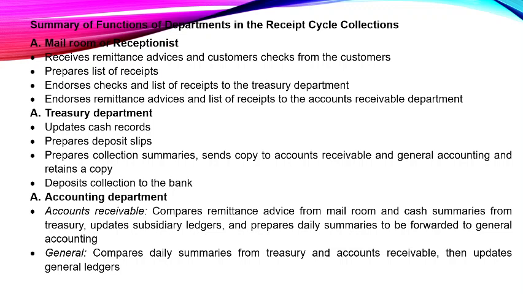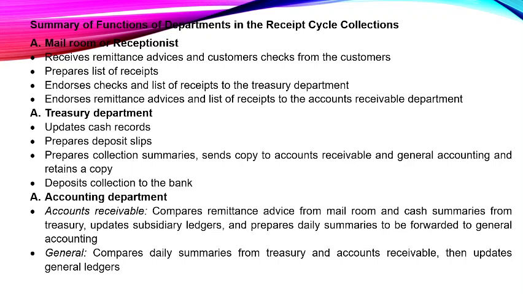Then B, the Treasurer Department. We update cash records, prepare deposit slips, prepare collection summaries, send a copy to accounts receivable and general accounting, and retain a copy. And then deposit the collection to the bank. And then the accounting department, we got accounts receivable.